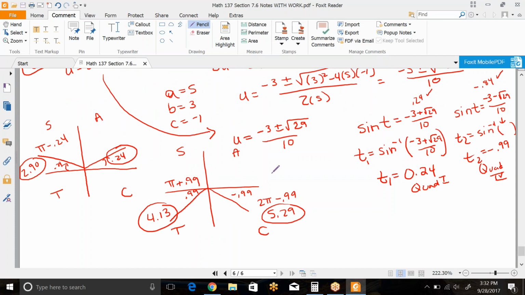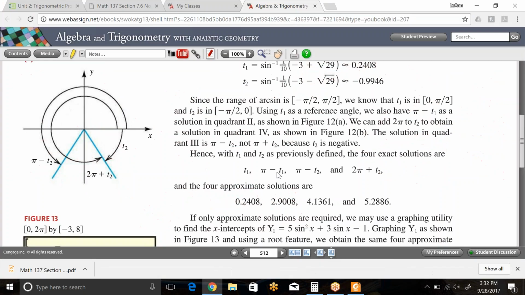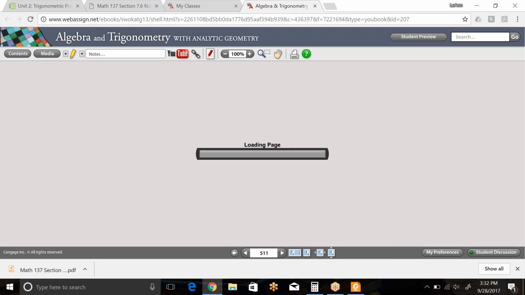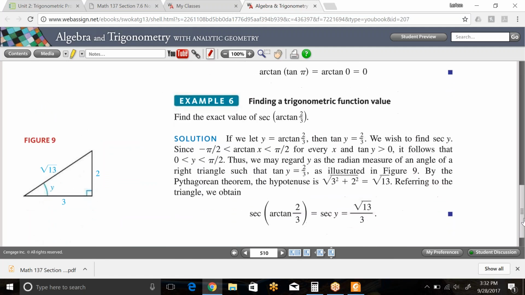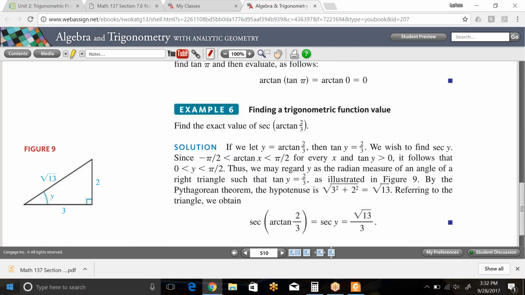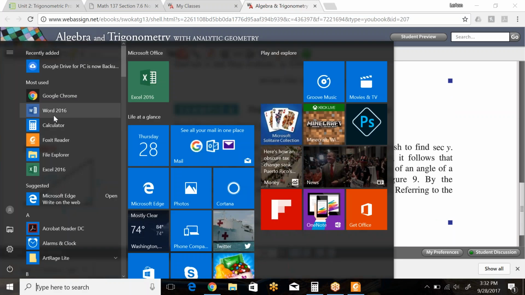But there is one other one that I always like to show in class, kind of when you do it in groups. Let me pull that up real quick. It's in the textbook, and it's this example right here. Let me pull up a blank Word document to show you this one.